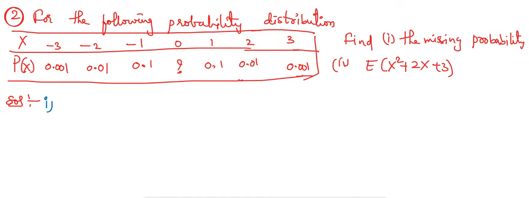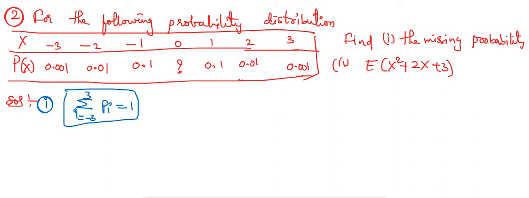First, to find the missing probability, we take the relation summation of pi from i equal to minus 3 to 3 is equal to 1. The summation of all the respective probabilities is equal to 1, that we know.